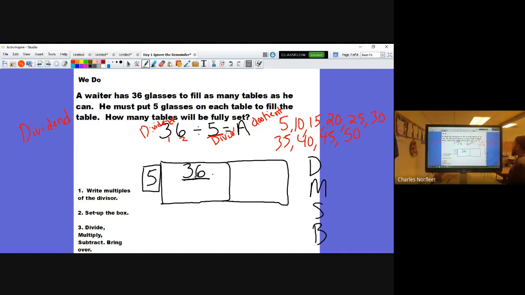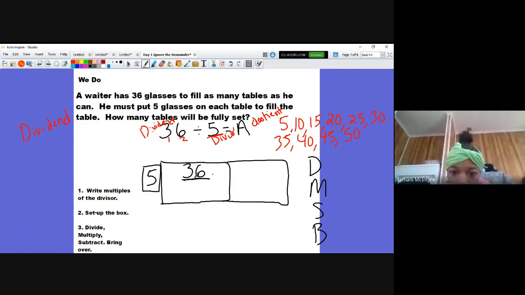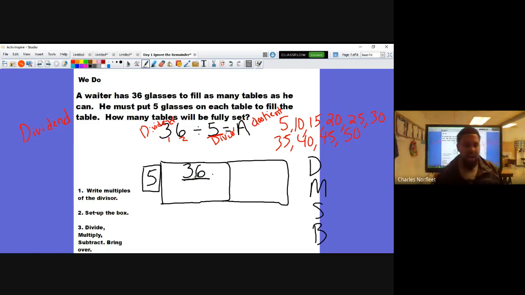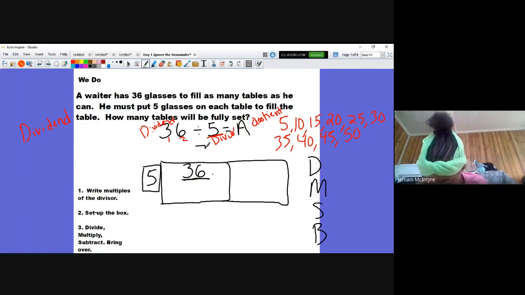You could only buy... Uno, dos, tres, cuatro. 1, 2, 3, 4, 5, 6, 7, 8. So how many bags are we gonna buy? 7 bags. 7 bags, my man.